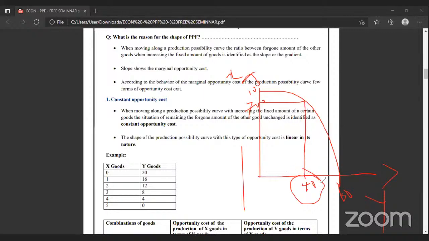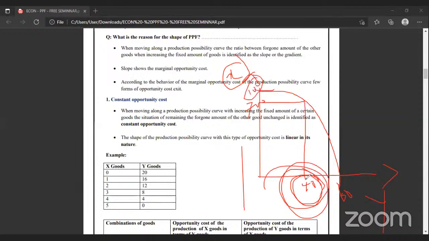I'm asking another question. If this economy doesn't produce this 40, how many X goods can they produce? Tell me the answer. Exactly, 100 maximum.